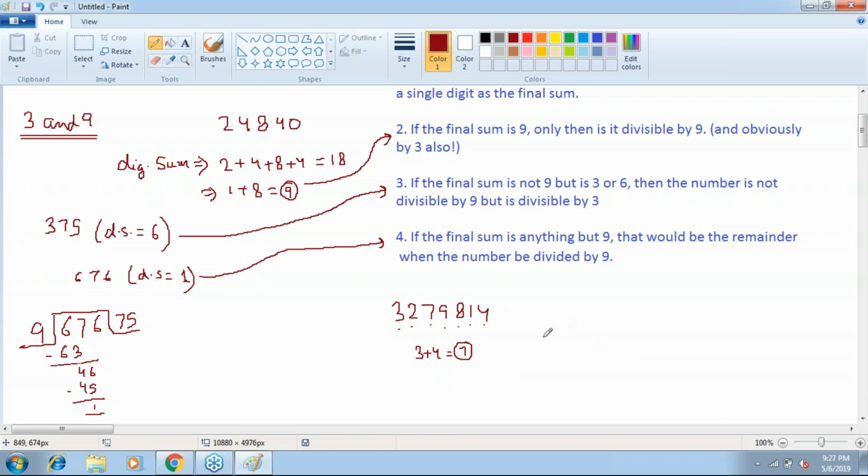So this one I am not going to show you, you have to check yourself. So divide 3, 2, 7, 9, 8, 1, 4 and see for yourself that the final remainder comes out as 9.